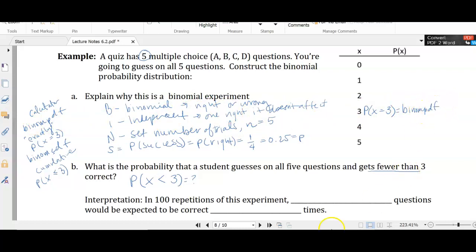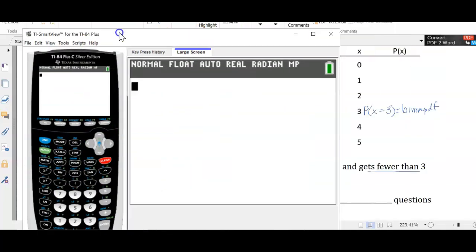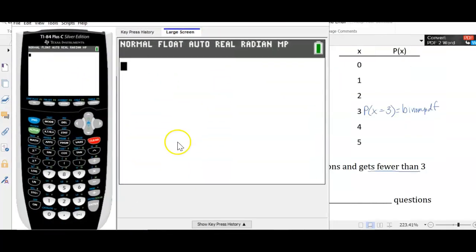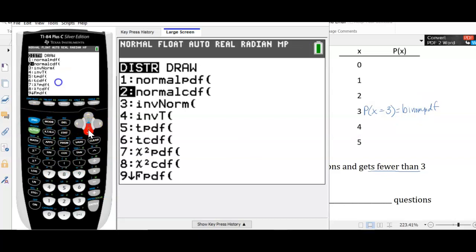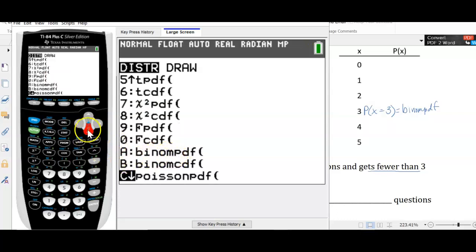Let's get our calculator open. To get this binomial distribution function, you're going to go through this blue button that says distributions. You go second vars to get there, and you scroll down to find the binom PDF.